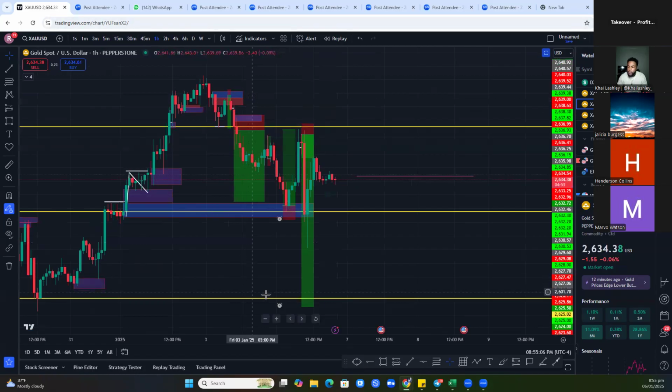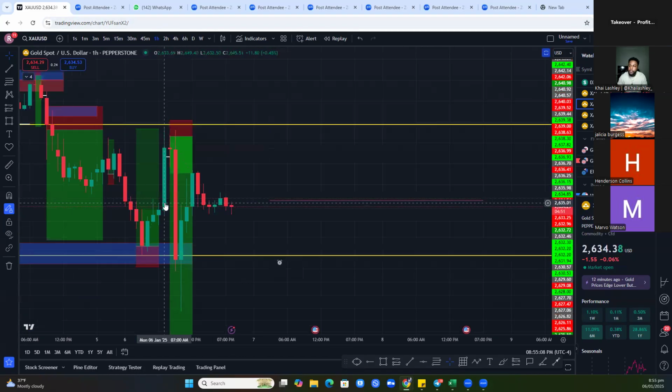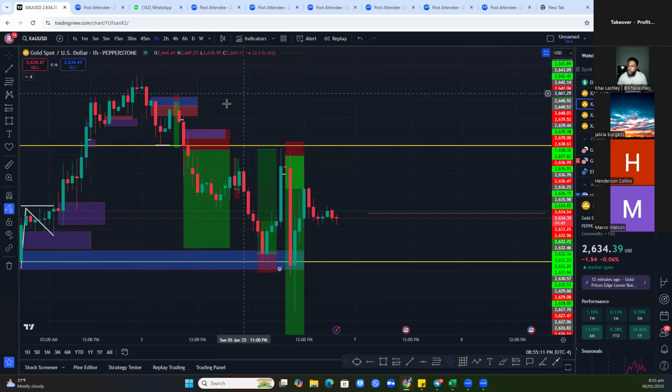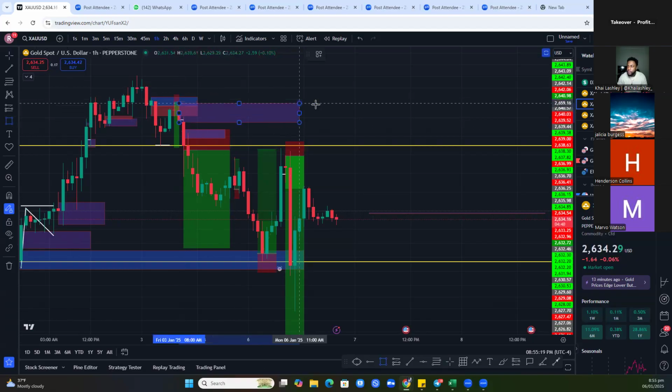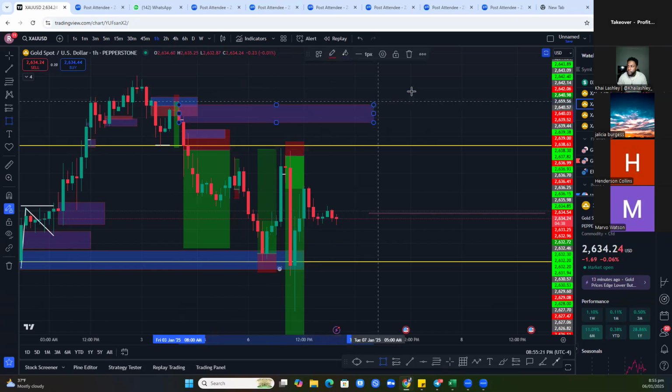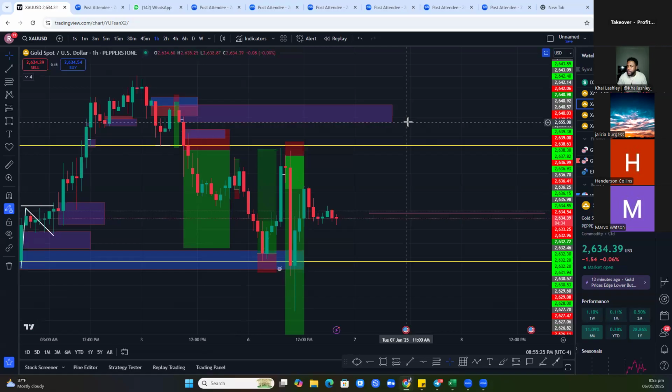I was looking for it to come back up into this area here, around 26.55, 26.56, before selling.